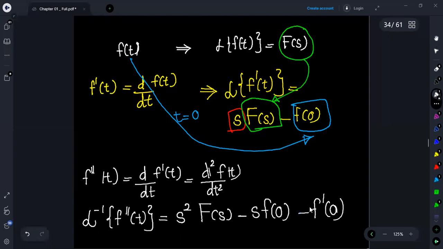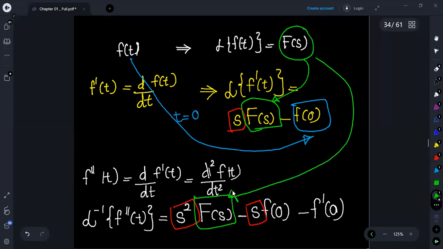Here also, this s is the variable that we are using, and this capital F of s comes from the Laplace transform of the function f of t.